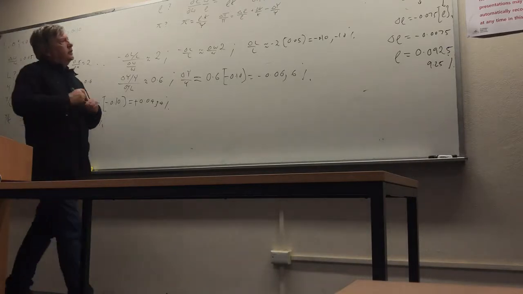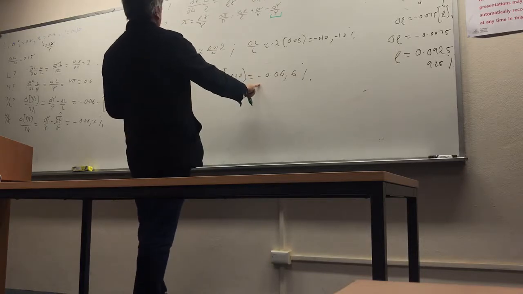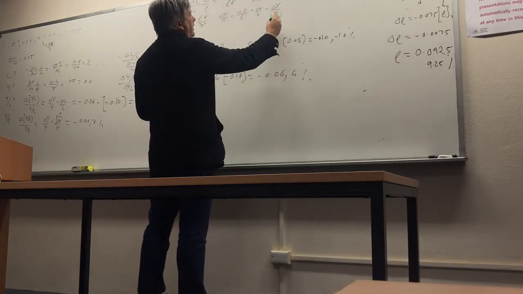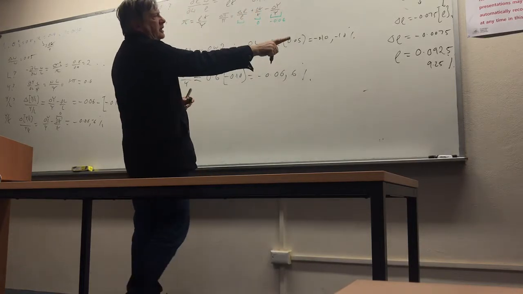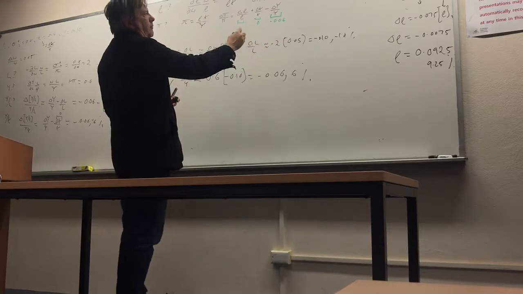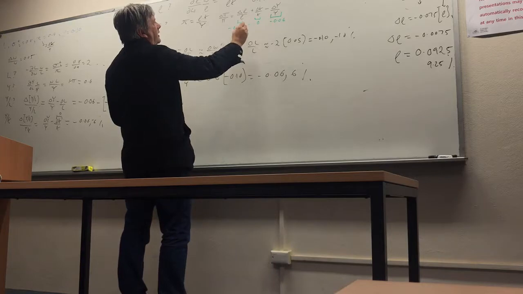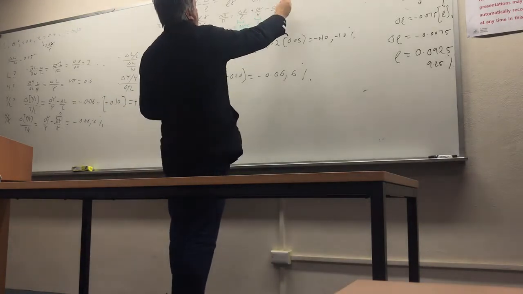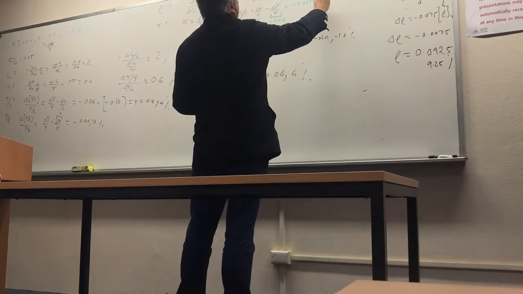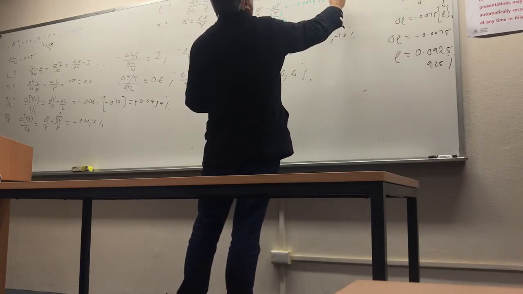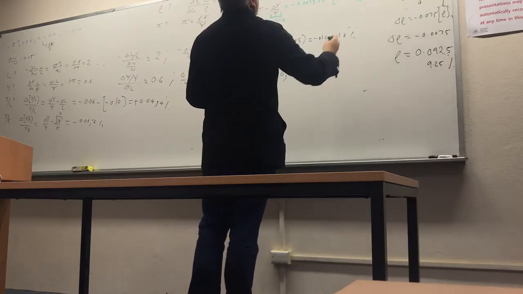We know that this was minus 0.06. This, by assumption, is 0. And this, we found over there, was minus 0.0075. Therefore, to write that out properly, it will be minus 0.0075 plus 0, which we can forget, minus 0.06.